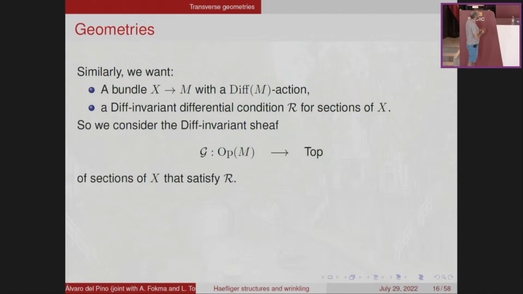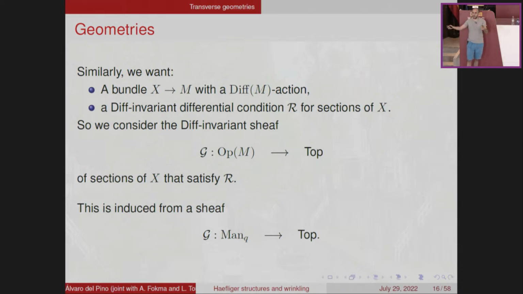And what this says, of course, is that the sections that satisfy this constraint form a diff-invariant sheaf with values in topological spaces again. I keep saying the manifold M, but in fact you should forget the manifold M, because these constraints are invariant under diffeomorphisms, which means they live in all manifolds at once.